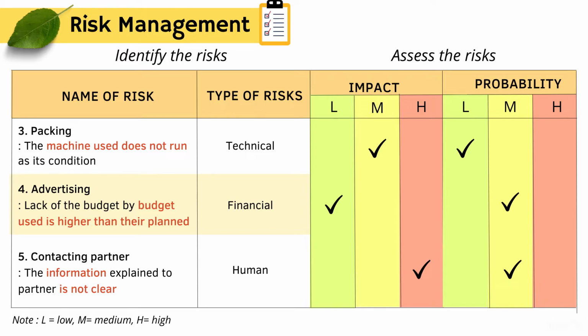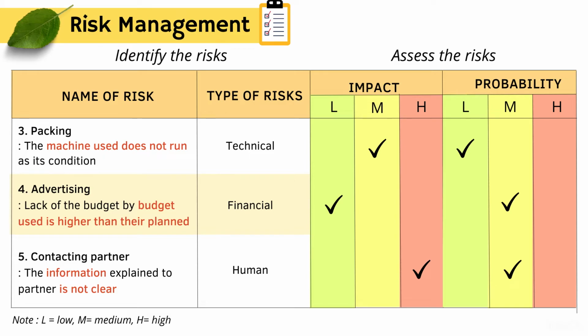Next is advertising, which can be classified as a financial risk because of a lack of budget, resulting from the budget plan and the budget use not being proper, or used more than planned, but it has low impact and medium probability. For the fifth, during contact with the partner, the information explained to them is not clear.